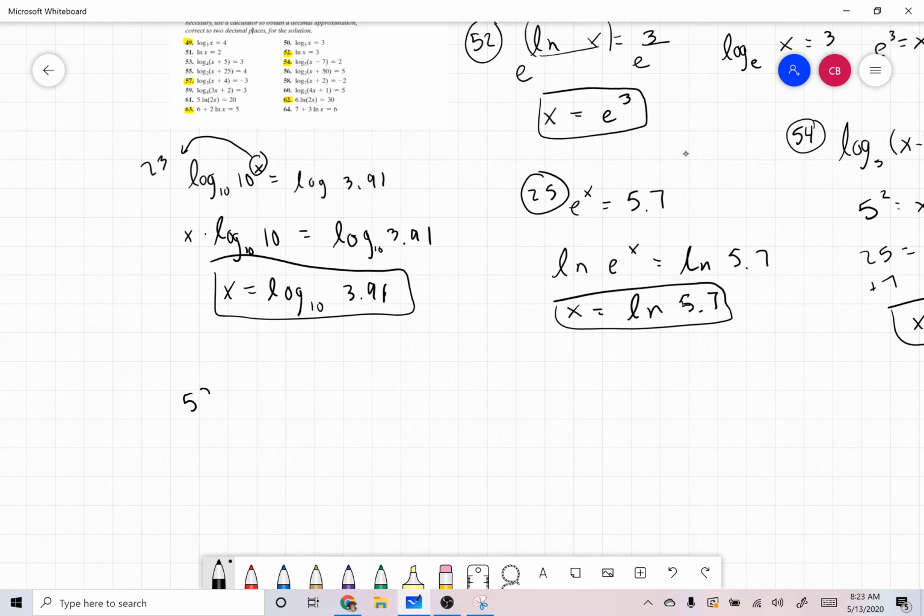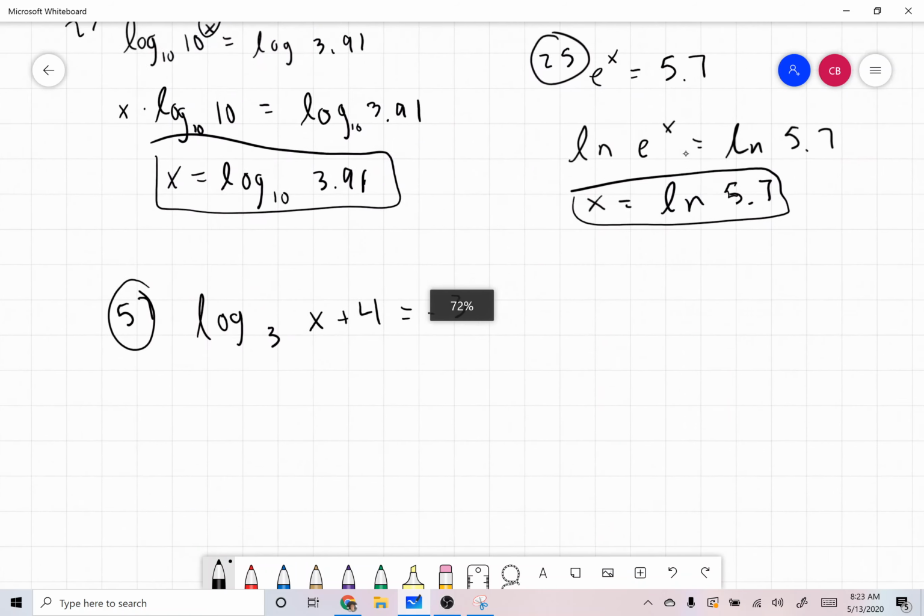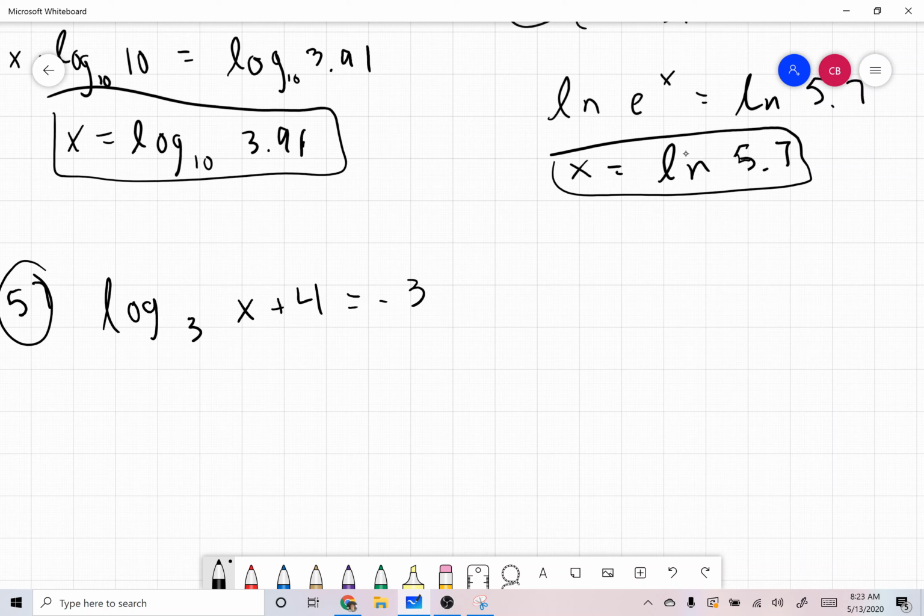Number 57. We have log base 3 of x plus 4 is equal to negative 3. Okay, so we have 3 to the negative 3 is equal to x plus 4. This is 1 over 27 is equal to x plus 4. We subtract 4.